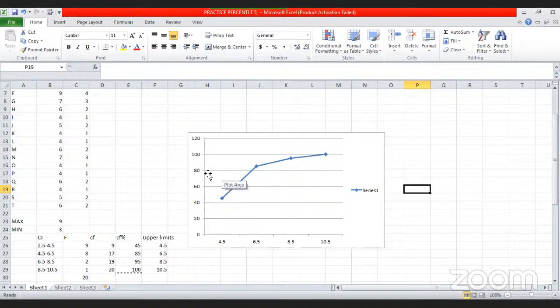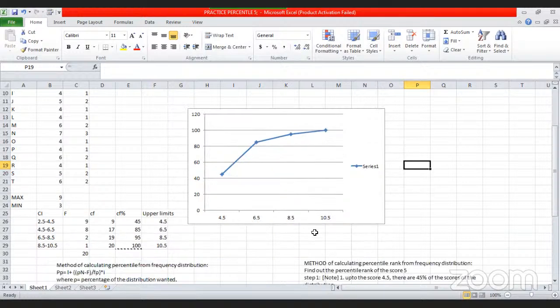So you will get what percentage of the cases are there below that point. And also from these percentages, you can get the particular score. Now, is it clear up to that?